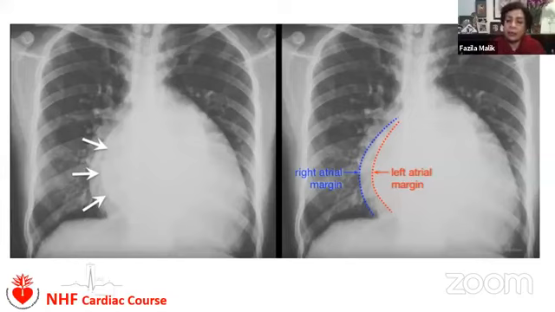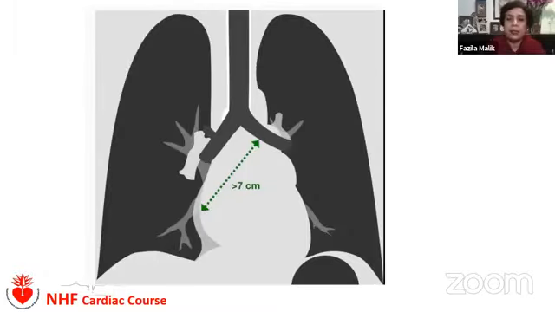So in mitral stenosis, classically, we recognize mitral stenosis by looking at the left border of the heart, which becomes straight, and at the right border of the heart, where we get double density. Another thing we understand is that all these signs are being created because the left atrium is growing in size.